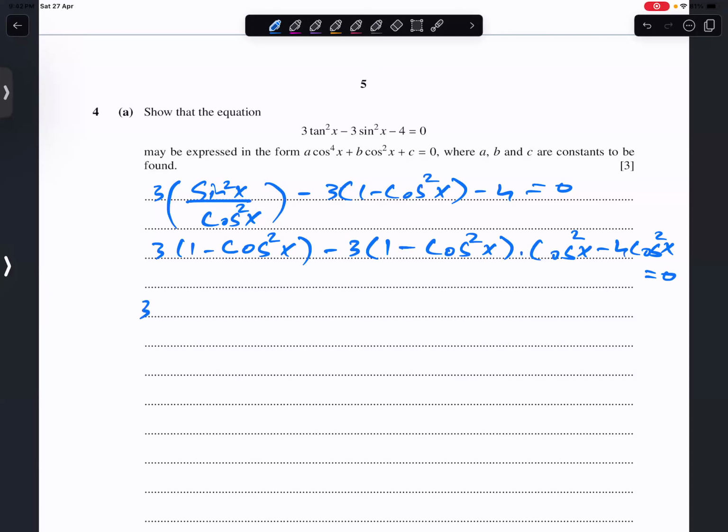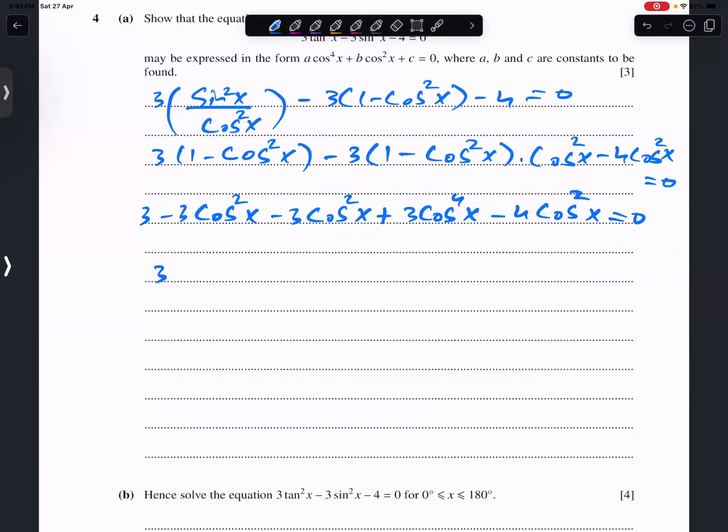So 3 minus 3 cos square x minus 3 cos square x, minus minus plus 3 cos^4 x, minus 4 cos square x equal to 0.